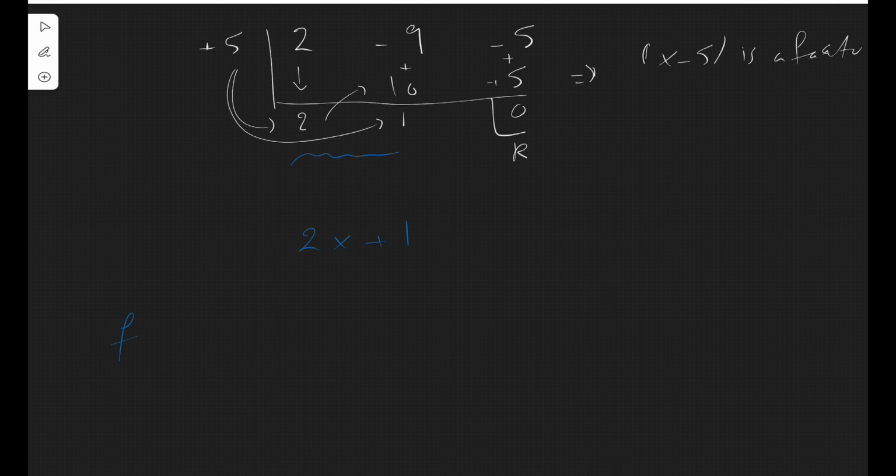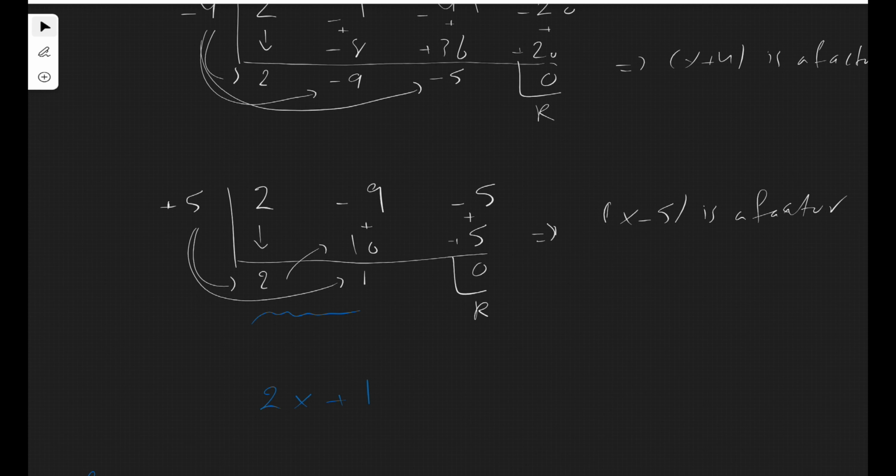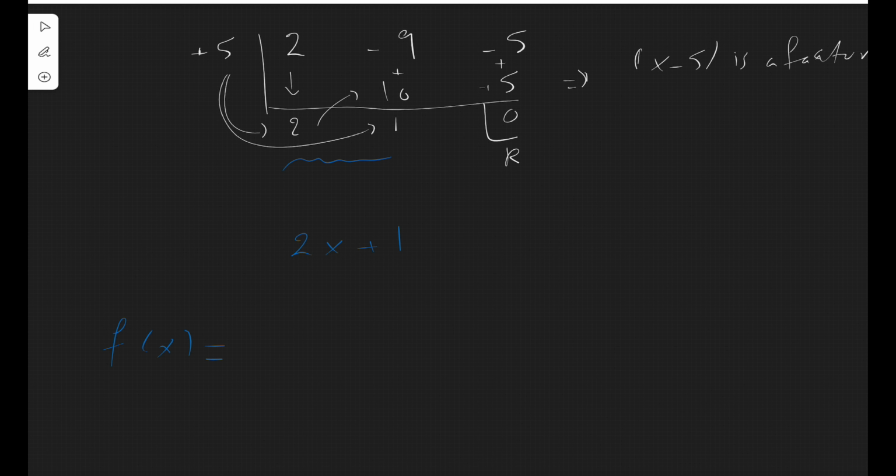So f of x can be written as the two factors x plus 4 and x minus 5, and the missing factor is 2x plus 1.